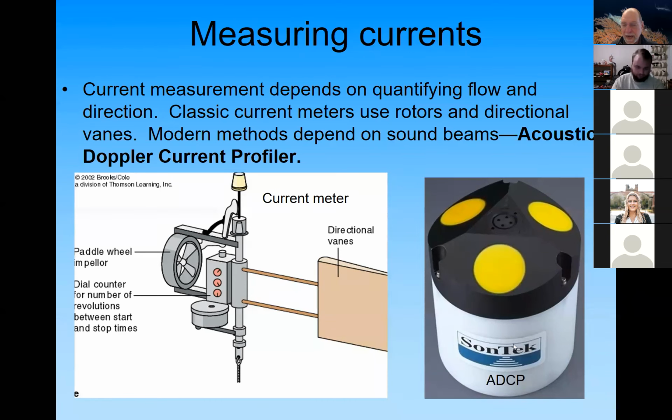Nowadays, the measurement of current is done acoustically using something called an acoustic Doppler current profiler. The way an acoustic Doppler current profiler works is that there are a series of transducers, in this case 3. They also have ADCPs that are built with 4 transducers. But fundamentally, a sound pulse is sent out from each of these transducers, and then the instrument listens for reflections back to the transducer.